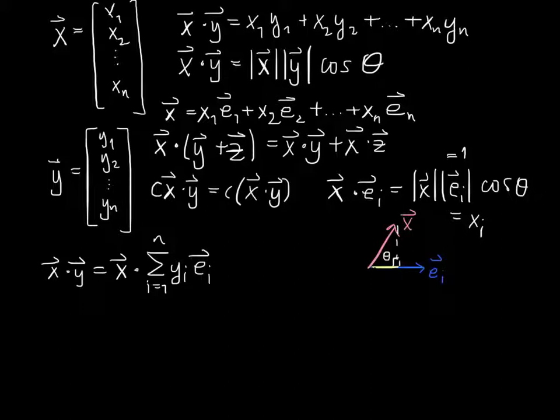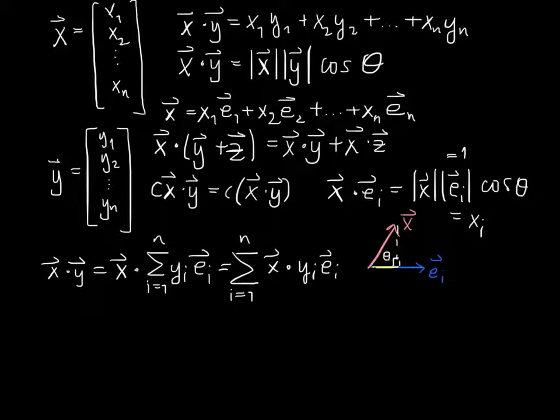And we're actually going to take x, which is dotted with a sum of many different terms, and distribute it across. So just like we did here, and we said that x dotted with y plus z is equal to x dot y plus x dot z, we can say that x dotted with this enormous sum is actually equal to the following.